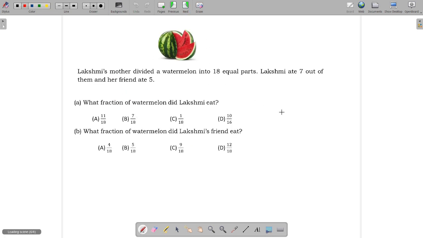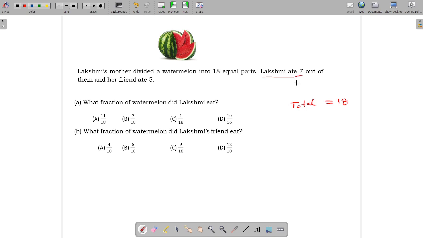We may discuss another question. Lakshmi's mother divided a watermelon into 18 equal parts. Lakshmi ate 7 out of them and her friend ate 5. There are two questions. What fraction of watermelon did Lakshmi eat? Total parts is 18.